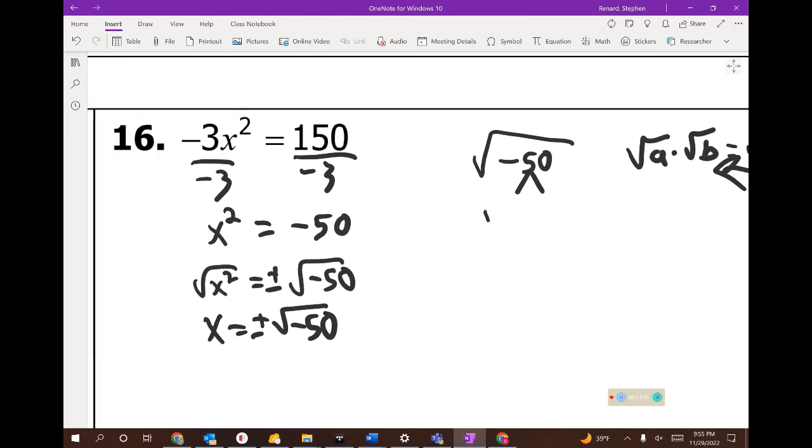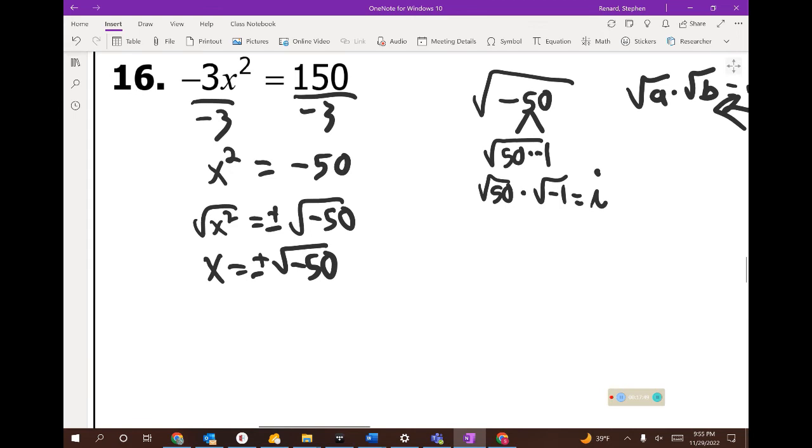Well, if I'm going to rewrite negative 50 as 50 times negative 1, then I'm going to break apart the square root of 50 times the square root of negative 1. Well, what is the square root of negative 1? It is i. So now this then becomes plus or minus i times the square root of 50.